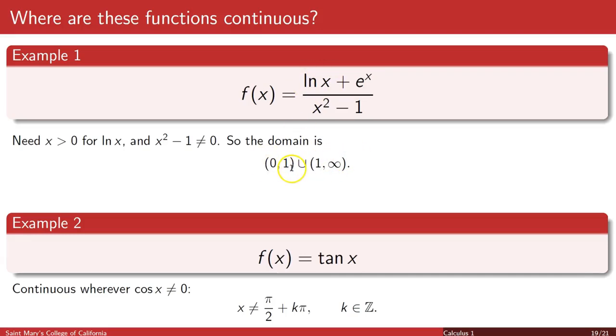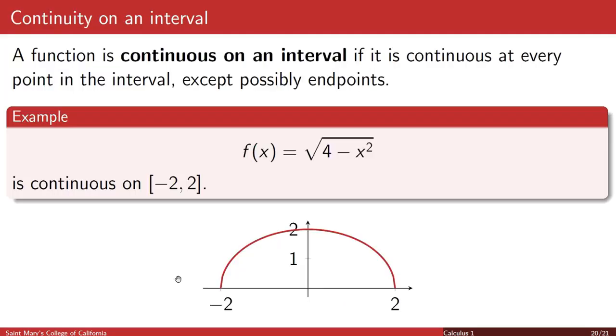So it's continuous from 0 to 1, and from 1 to infinity, the union there. Tan x is continuous everywhere except, if you're familiar with the graph of tan x, it has these infinite points at pi over 2, but also 3 pi over 2, 5 pi over 2, 7 pi over 2, and so on. So it's continuous as long as it's not at those points.